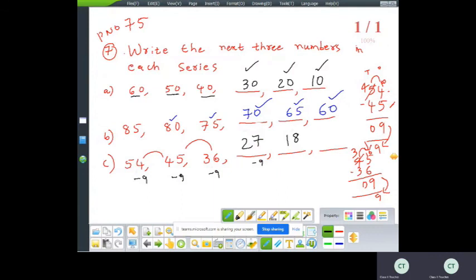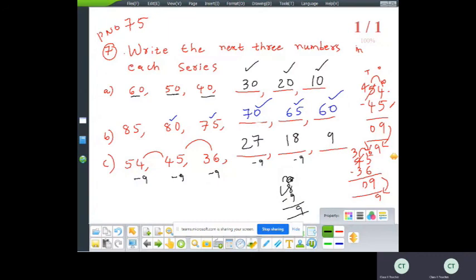Now again 18 minus 9. We cannot take 9 from 8. Again we need to borrow 10. 10 plus 8 is 18. 18 minus 9, directly write the answer 9. In question C, every number is decreased by 9.